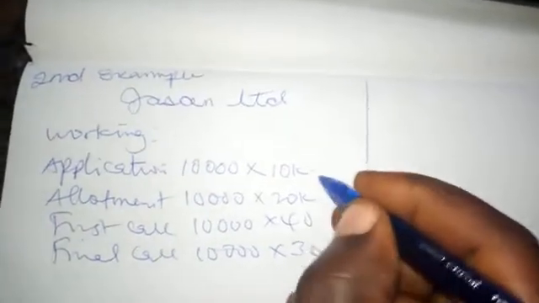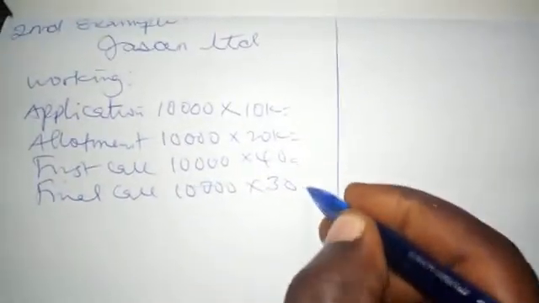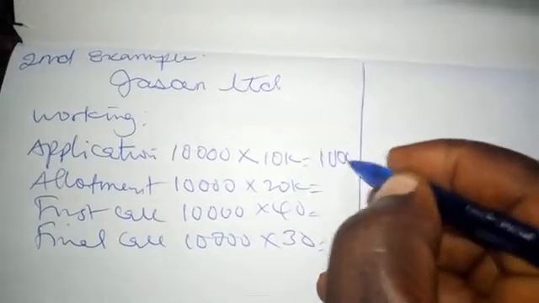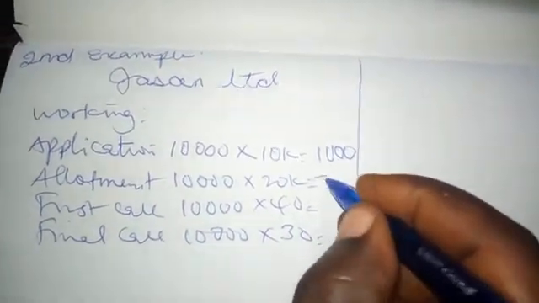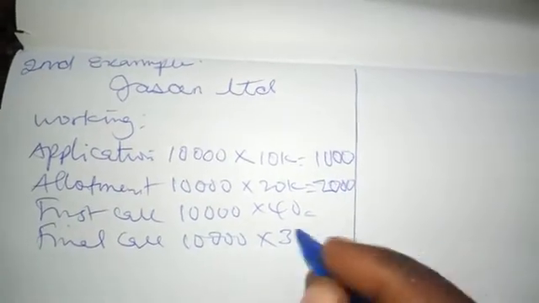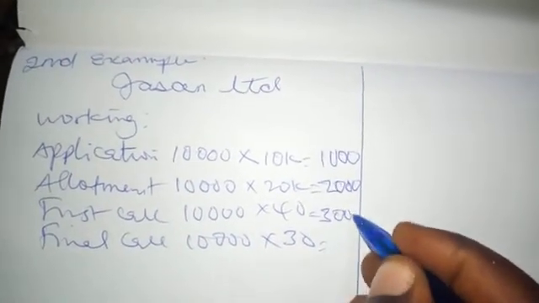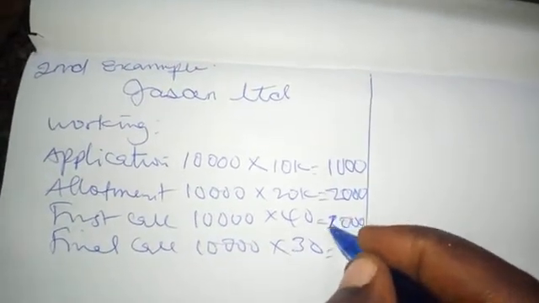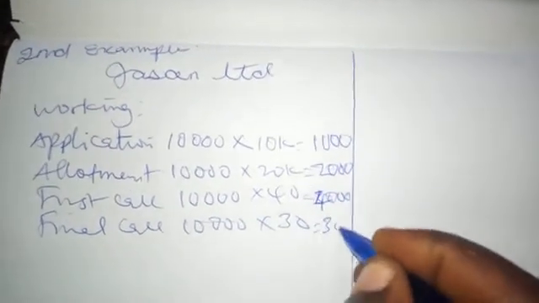So we do the calculation here. This will give us 1,000 naira. This will give us 2,000 naira. This will give us 4,000. This will give us 3,000 naira.